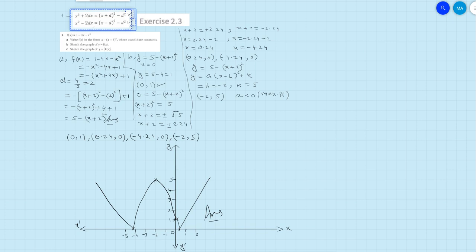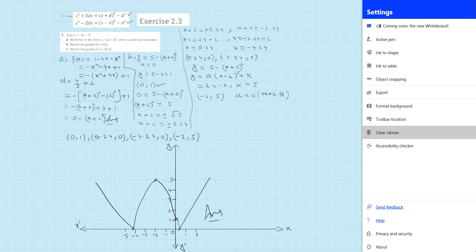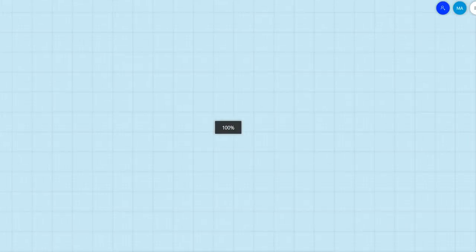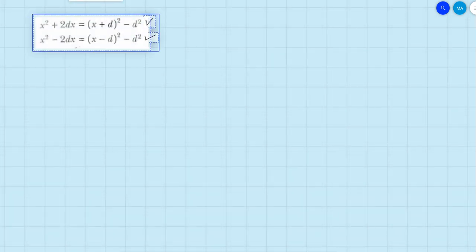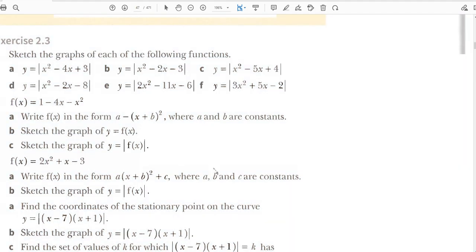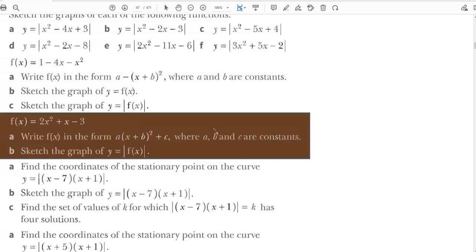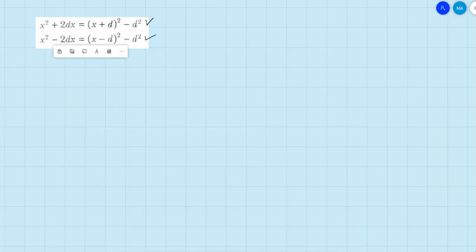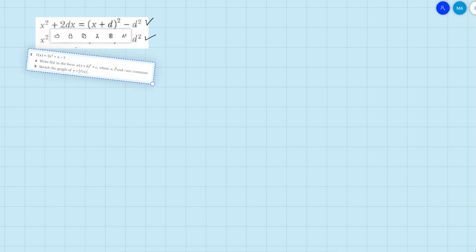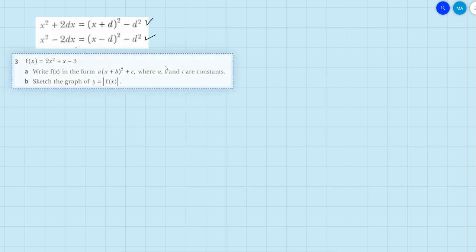Question number 3. What is question number 3? f(x) is equal to 2x square plus x minus 3.